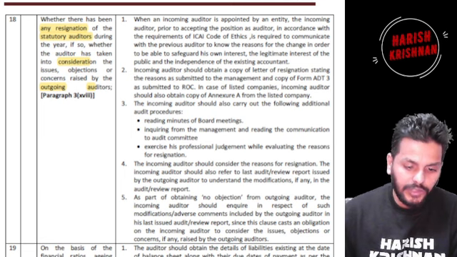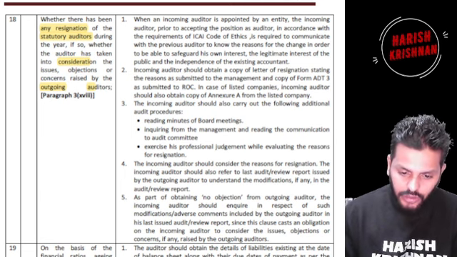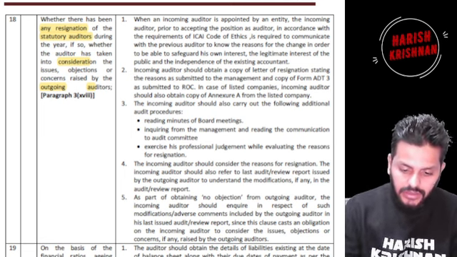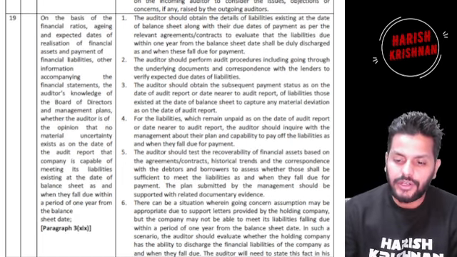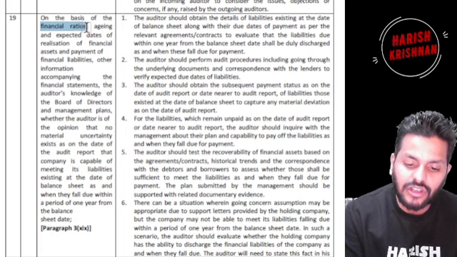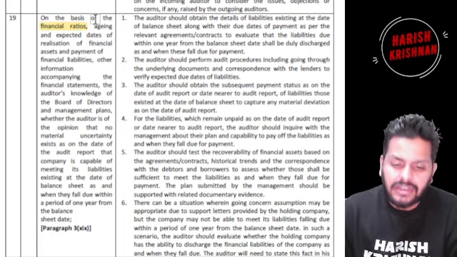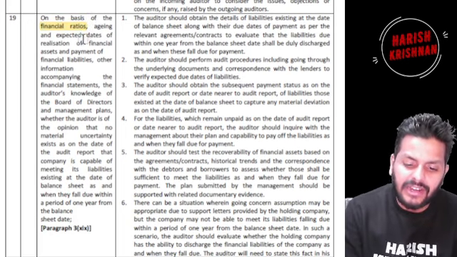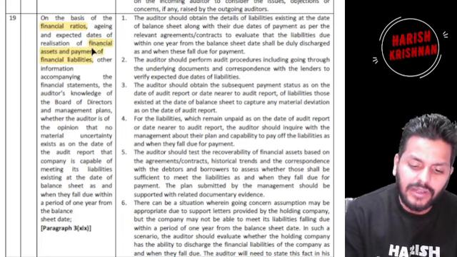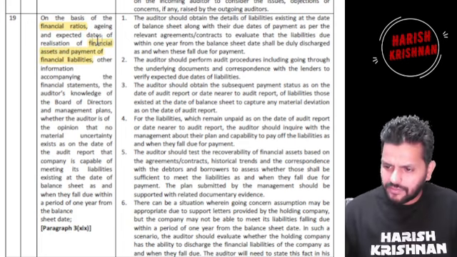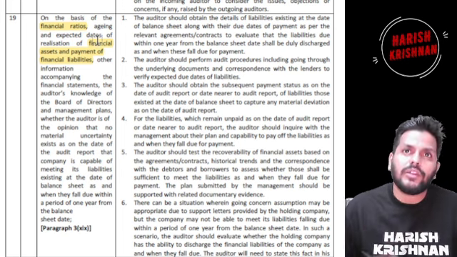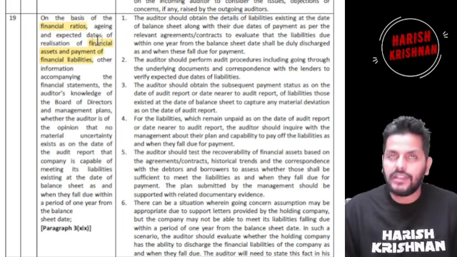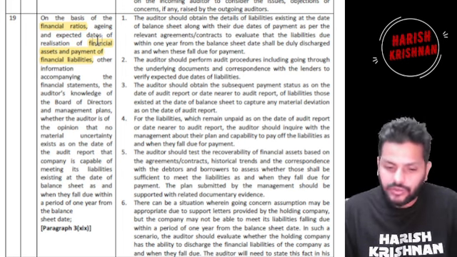And what we need to also check is clause number 19, which is some work on the analytical procedures for the auditors on the basis of the financial ratios, ageing and expected dates of realization of the financial assets and payment of liabilities. I think you all are financial management students. You know what the financial ratios are. Based on that, you can see whether the entity is able to discharge its liabilities by using the assets.